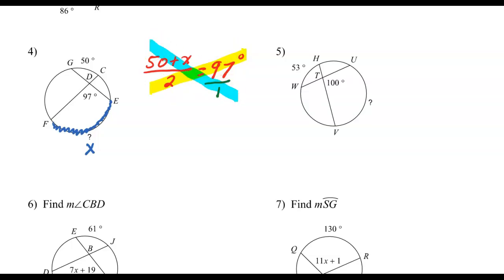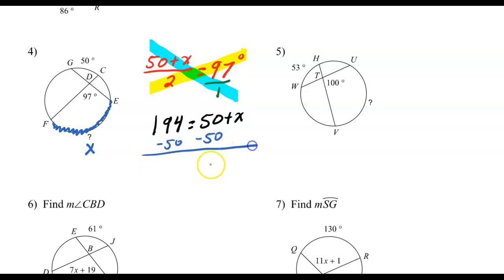So when I multiply the 2 and 97, I get 194 is equal to 50 plus x. I'll subtract 50. And x is 144 degrees.